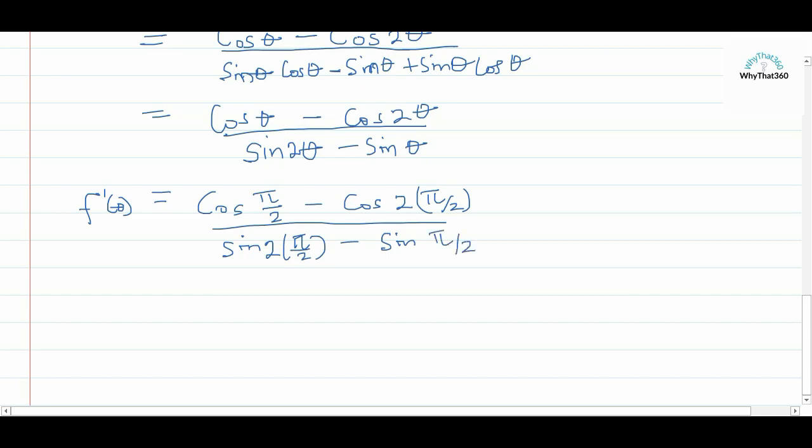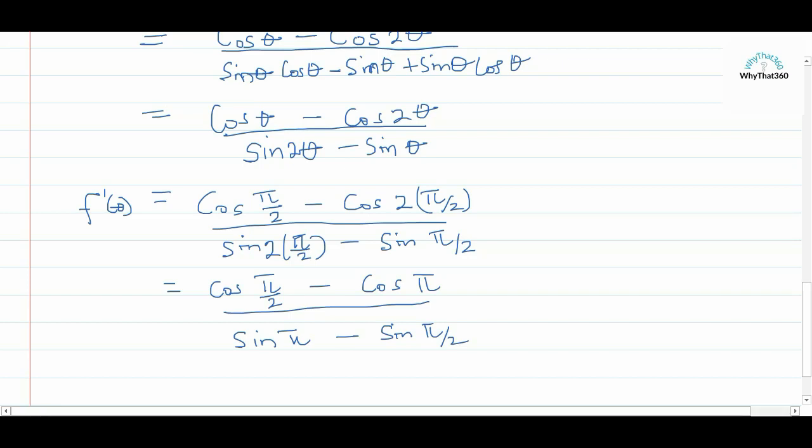And this will be equal to cos pi over 2 minus cos pi, since those two cross out, all this divided by sine pi minus sine pi over 2.